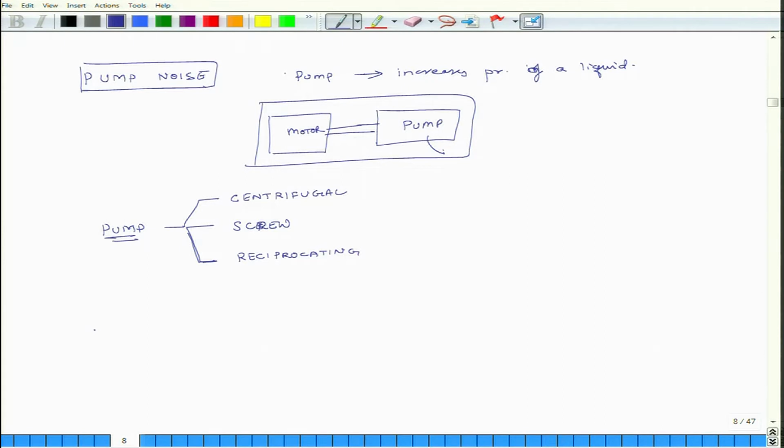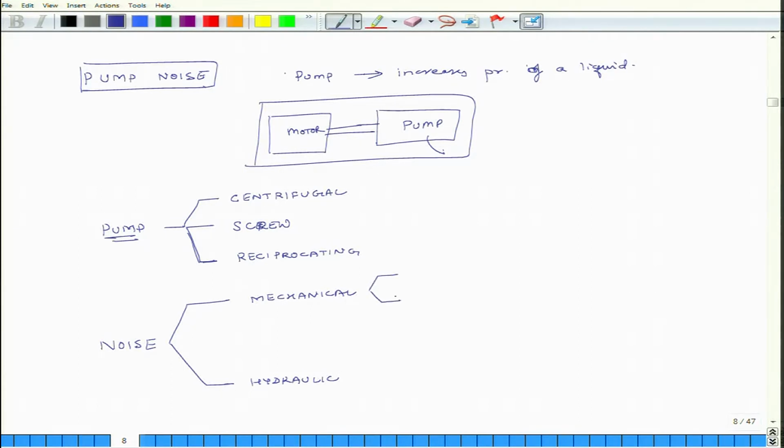Now, let us look at what kind of noises are generated in pumps. So, noise. Broadly speaking, there are two categories. One is because of mechanical effects, and the other one is because of hydraulic effects. So, what are the mechanical effects?